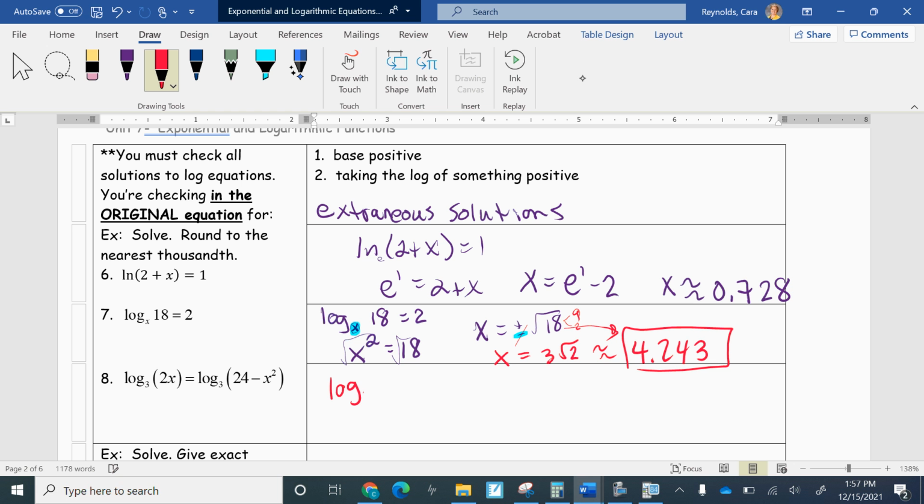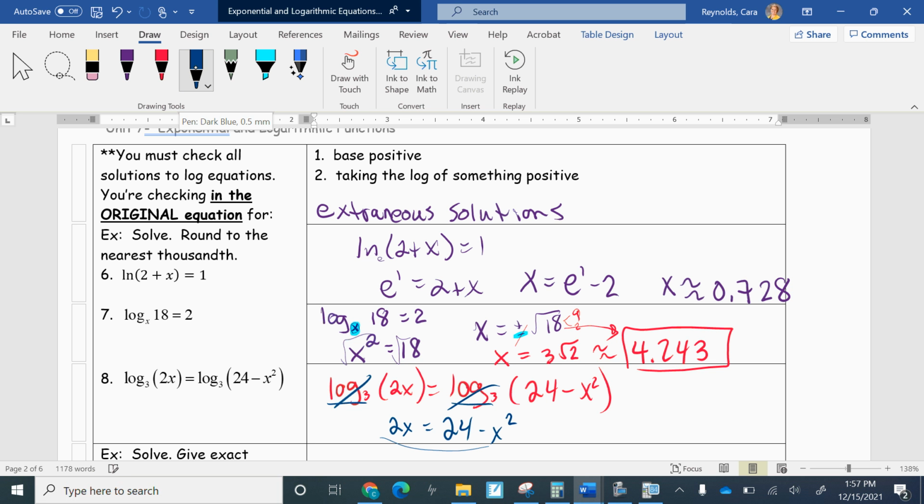If you have two logs equal to each other, then as long as the base is the same, we can ignore the logs altogether. If the log is equal to another log, that means whatever you're taking the log of equals whatever you're taking the log of. And so I'm going to move these to the left here and rewrite this equation as x squared plus 2x minus 24 equals 0. And then I'm going to see if this will factor and solve. This breaks down into 6 and 4, so x plus 6, x minus 4.